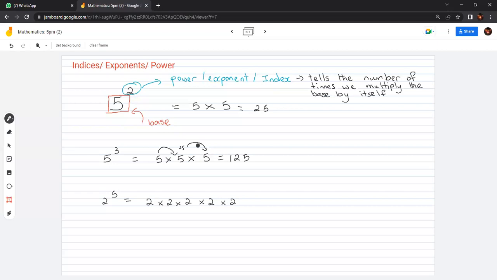And this is how we multiply. 2 2s are 4. 4 2s are 8. 8 2s are 16. 16 2s are 32. So when you multiply, you take the product of the ones before, then you multiply it again.